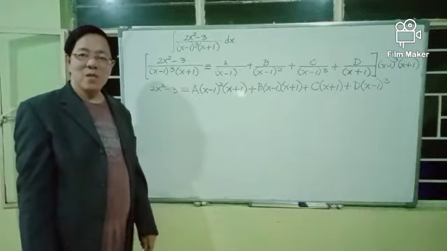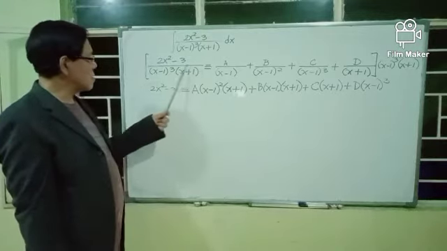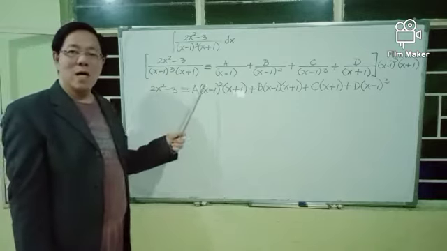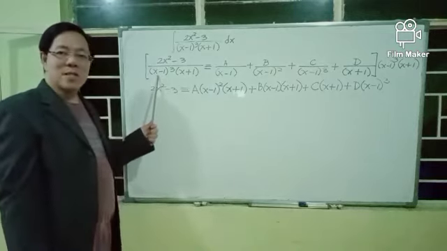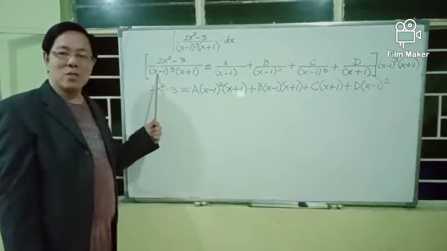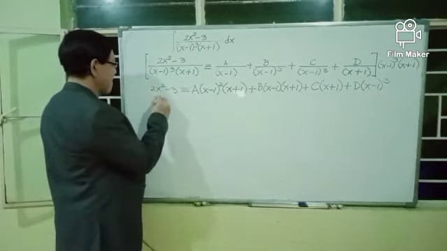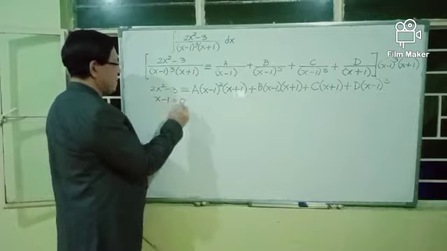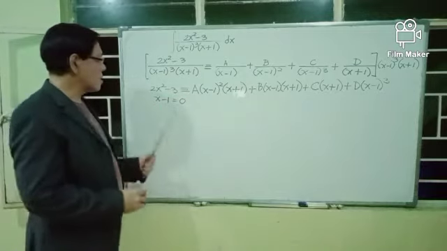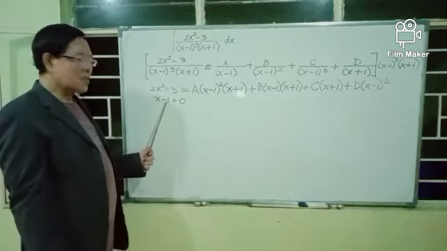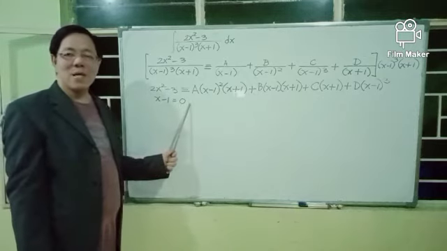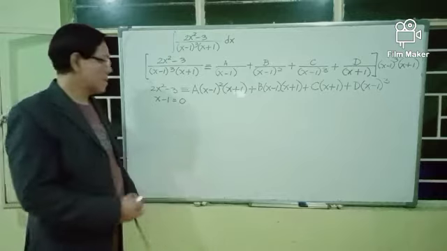Therefore, to find the values of x that will make this denominator 0, equate each linear factor to 0. The first linear factor is x minus 1. You equate that to 0. If x minus 1 is 0, then from this equation you can solve for x. You transpose negative 1 to the right-hand side and you get x is equal to 1.